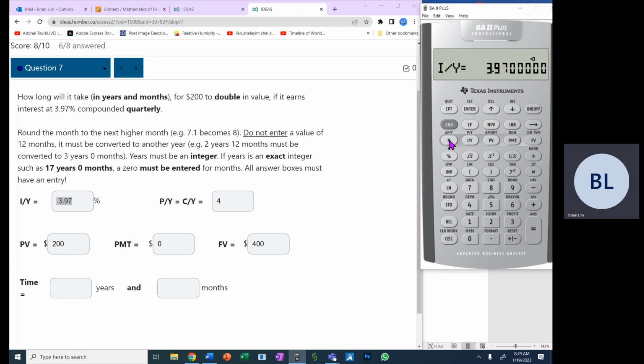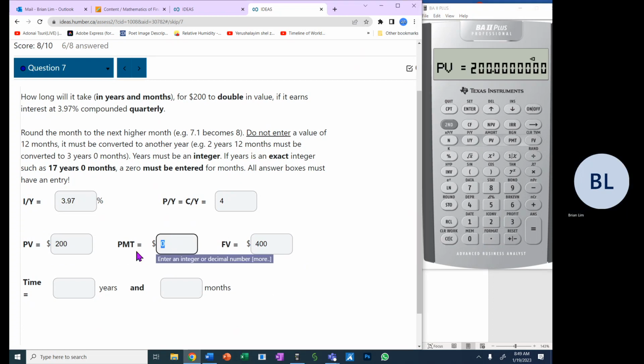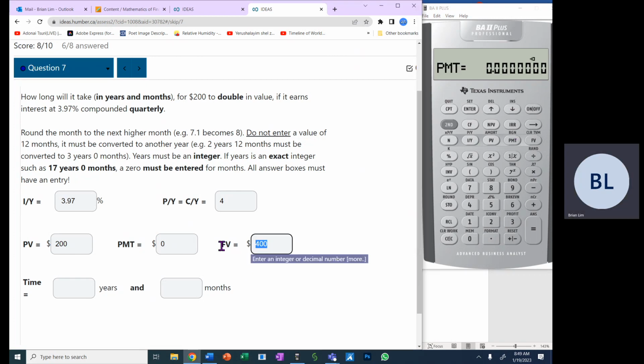Now we pass over the N because we are computing that number. Okay, now we need the value for present value. It's 200, and that is the present value. 0 for the payment. And the future value is 400, so 400 future value.